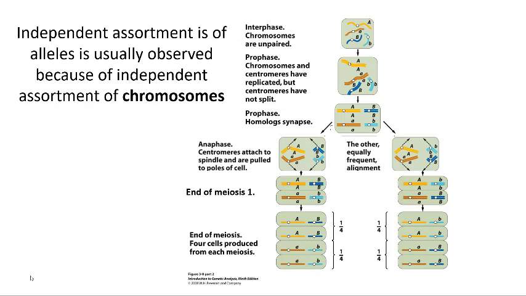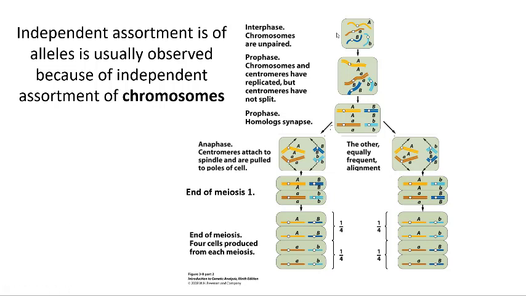Now, the reason why independent assortment is observed is usually because those two genes are on different chromosomes, and so chromosomes are assorting independently during meiosis and during the formation of gametes.